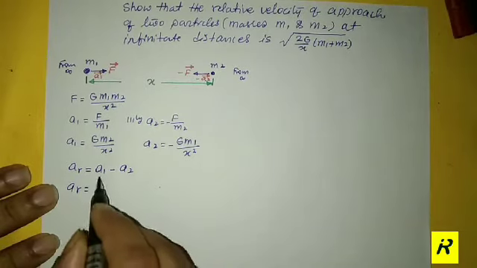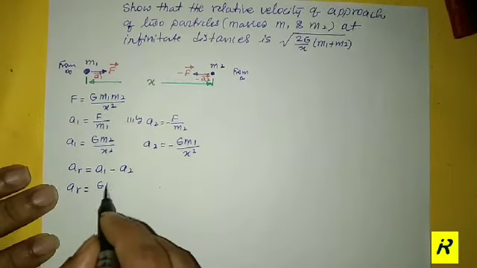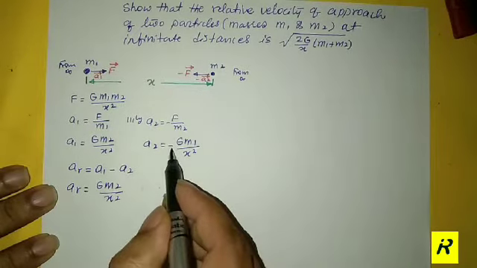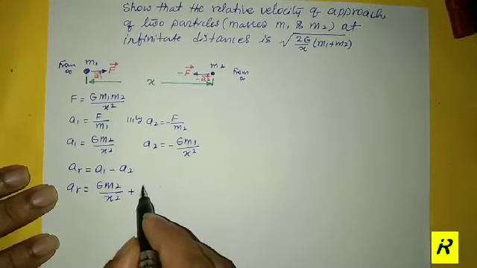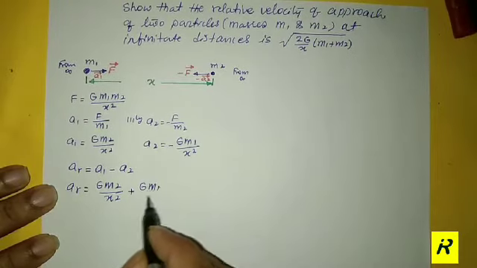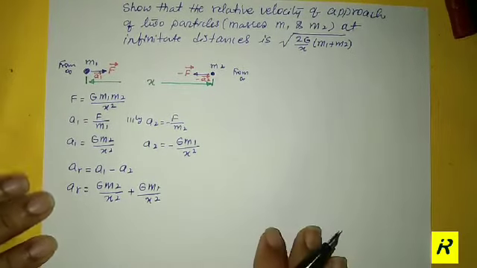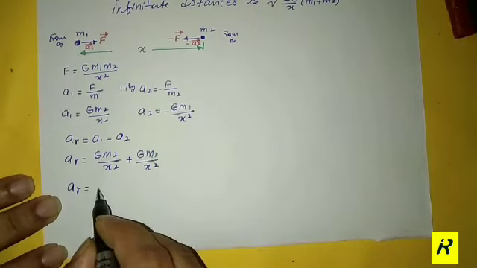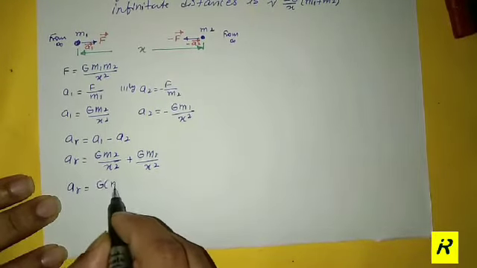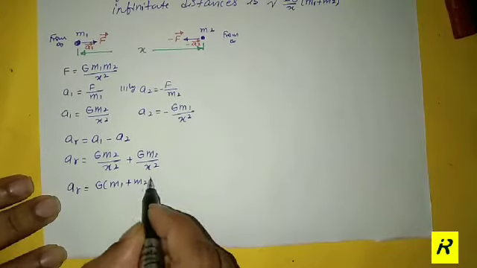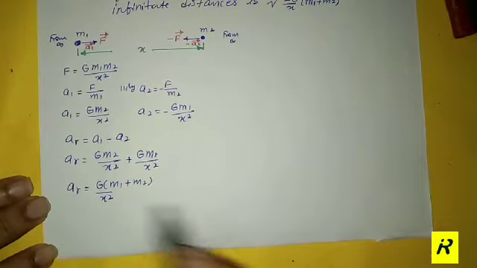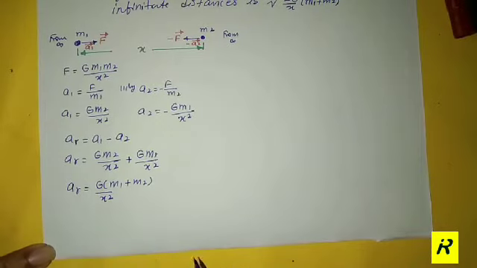So a1 is G m2 divided by x square. Here is minus and one more minus, so it becomes plus, G m1 divided by x square. When you solve this one, I get ar equals G times (m1 plus m2) divided by x square. So this is the relative acceleration of the two particles.